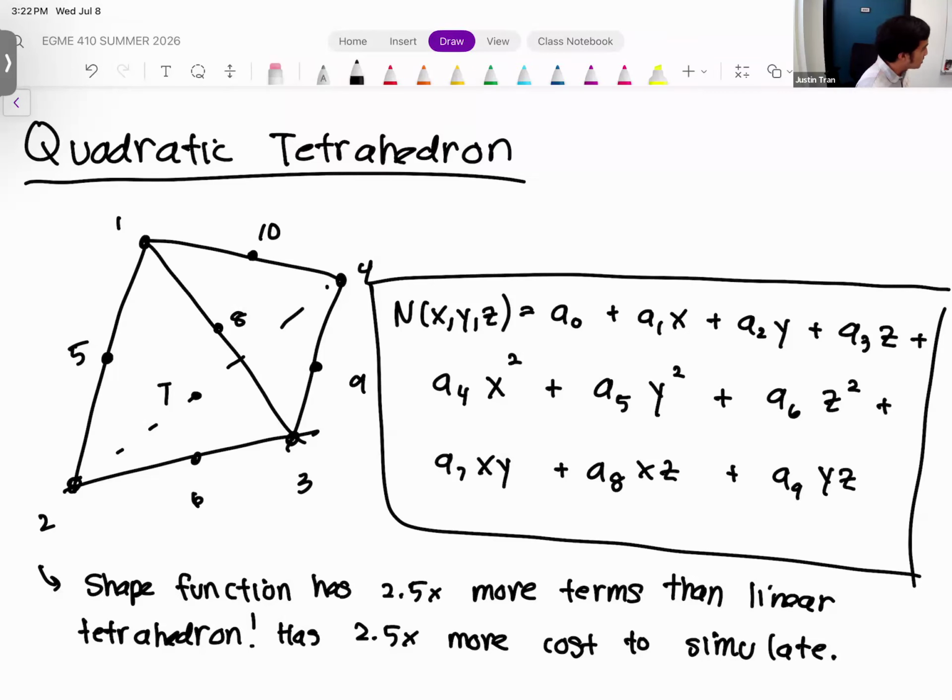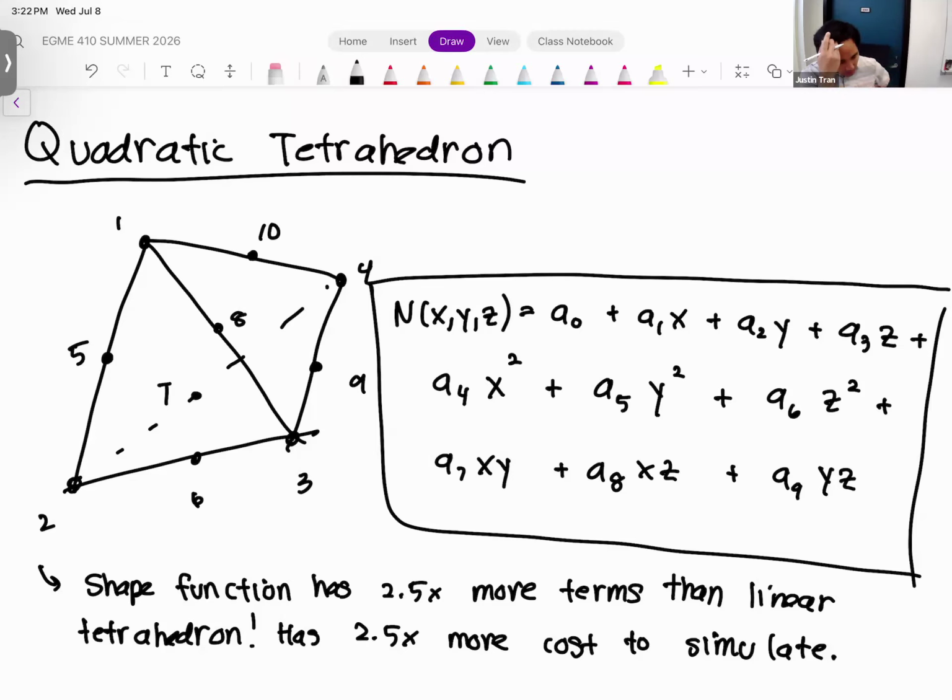Although, because the problems that we're mostly doing in this class are fairly simple, you're not really going to notice the difference between a 3-second solution versus a 7-second solution. But for more complex cases, that is something to keep in mind.